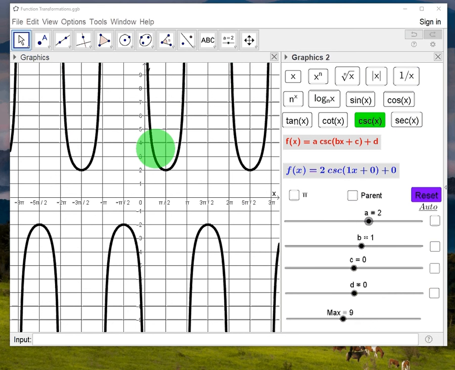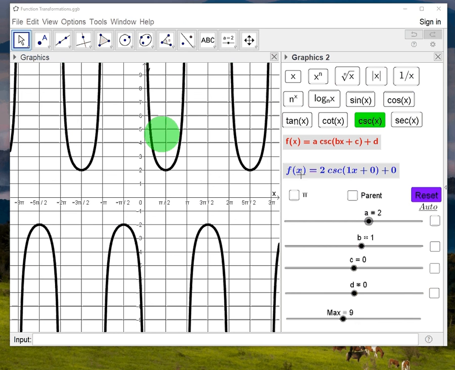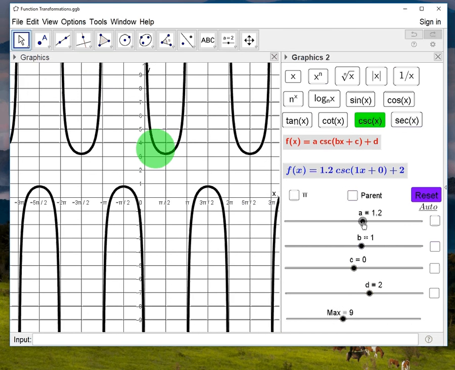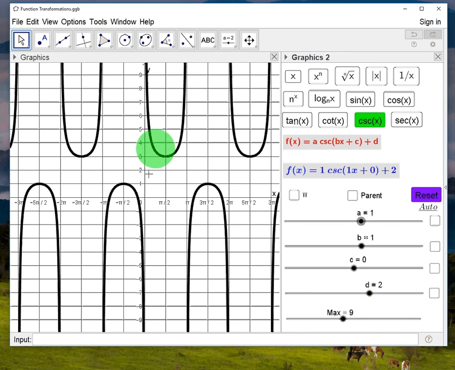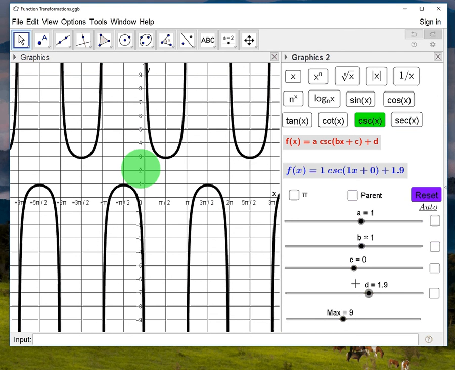Let's look at another example. Okay, so I'm going to do this one a little bit different. I'm going to make d equal to 2, and I'm going to keep the amplitude at 1. So let's make d equal to 2, and we'll make the amplitude 1. Okay, so we can see that the graph shifts up 2 units. Here's what it looks like at 0. Shifts up 2 units, right?